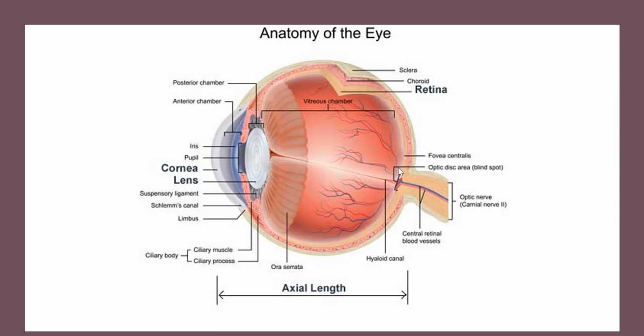So at the point where these axons are collected together, there are no rods and cones, only axons of the ganglion cells. So it has no sensory cells, which means we cannot sense light in this area, and that's what we call the blind spot. Why is it a blind spot? Because if the picture is focused on this area, you will not see the object.